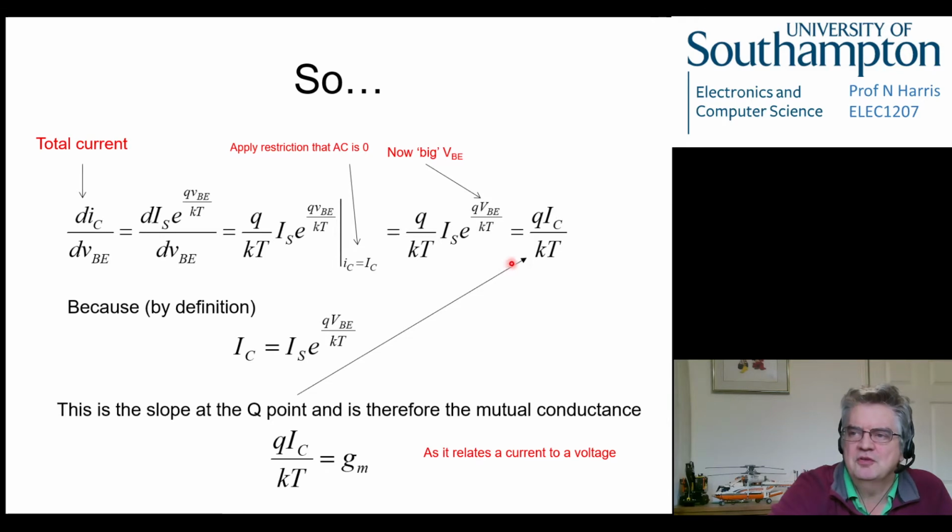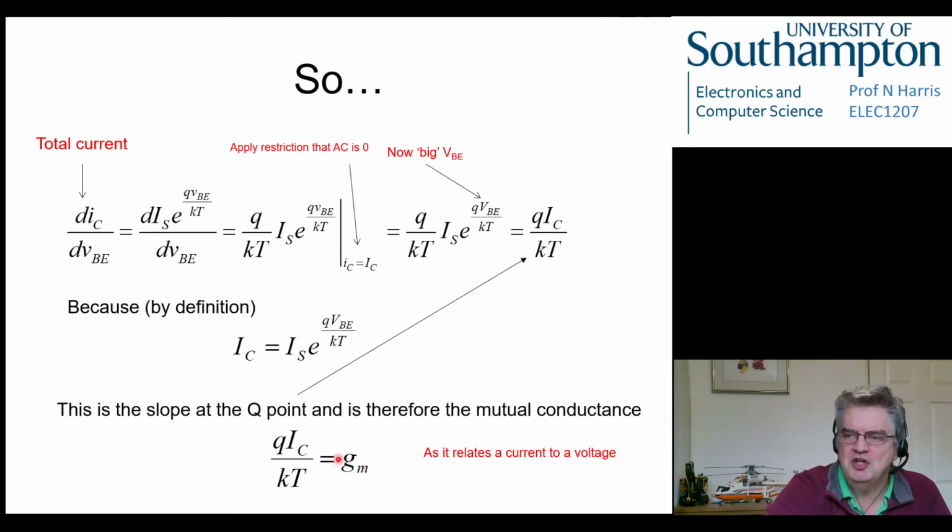So this is basically just differentiating the exponential, but this is the key answer that says that at the operating point, whatever that operating point might be, this is the value of gm, the mutual conductance, down here. Okay, and it's linked only to the static current flowing when we've biased it.